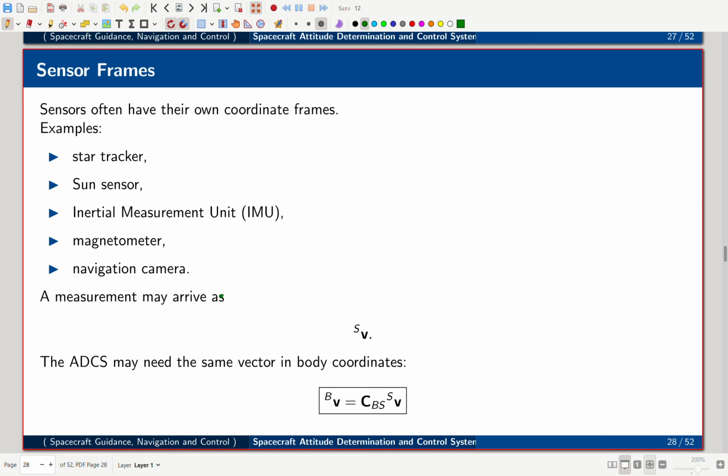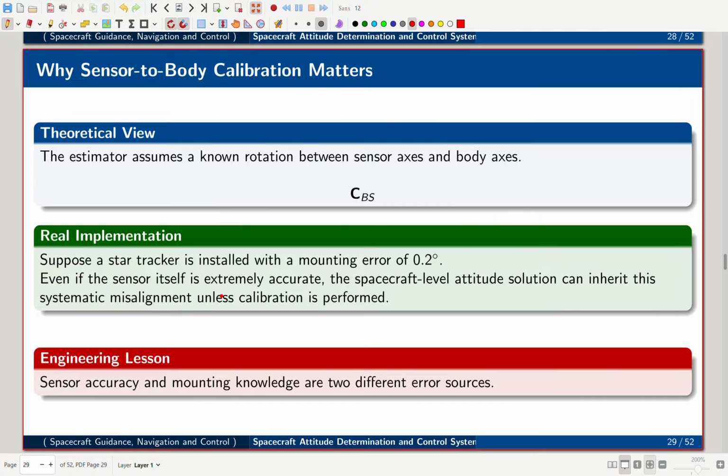So a measurement may arrive as a vector in the sensor frame, and ADCS may need the same vector in body coordinates, right? So this is the sensor frame, and this is the body frame, so we have to transform again. One matrix is required. So we need to understand these various frames.